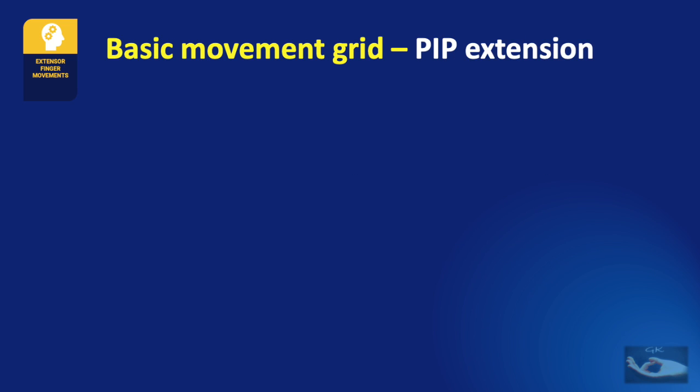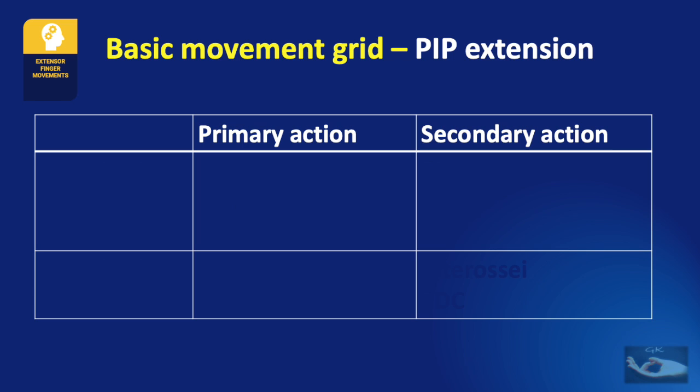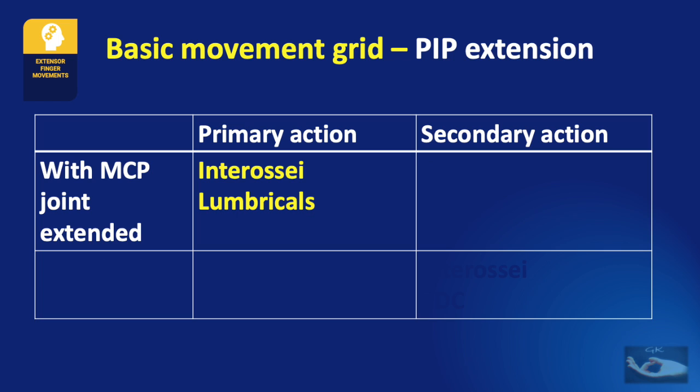Now we shall consider the same type of movement grid for PIP joint extension. There are muscles that extend the PIP joint primarily and there are some muscles that extend it secondarily. With the metacarpophalangeal joint extended, the primary action of extension of the PIP joint is shared by the interossei and the lumbricals, whereas the secondary action is by the fibers of the EDC that have contributed to the extensor apparatus.